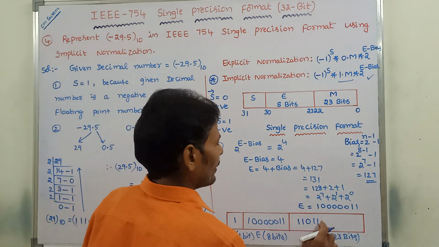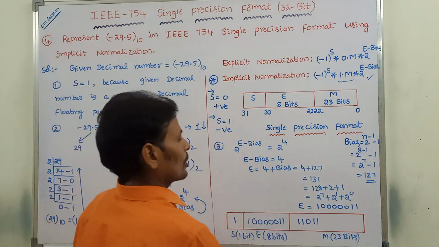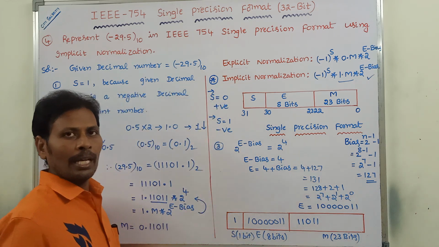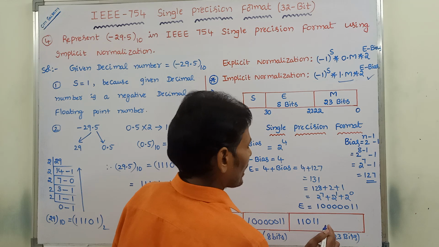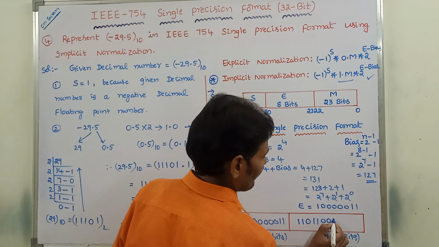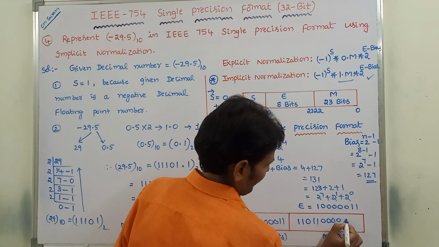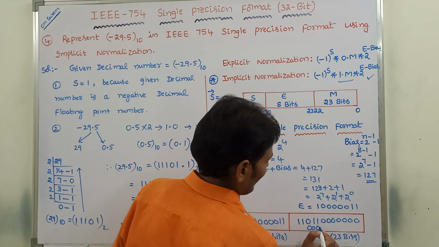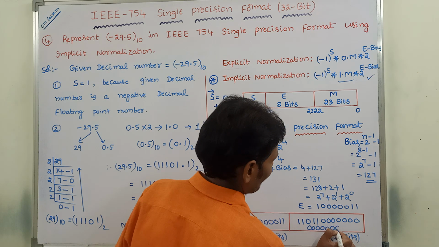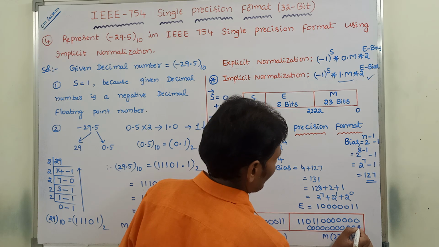How many bits are there? 5 bits are there. How many bits are allocated for mantissa? 23 bits. So out of 23 bits, only 5 bits are there. Remaining 18 bits are filled with zeros.